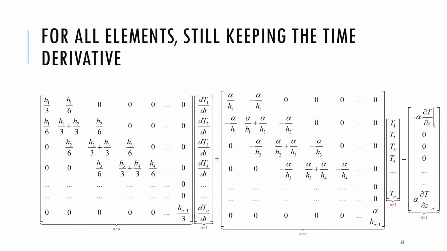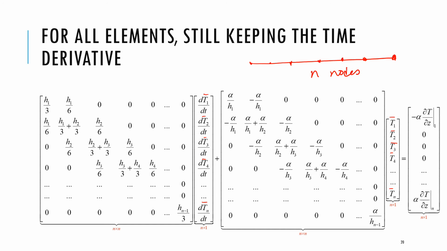So if we put all of the elements together, so let's say there are n nodes. So n nodes will have n unknowns. Okay, so these T1, T2, T3, T4, Tn, these are all the unknowns.